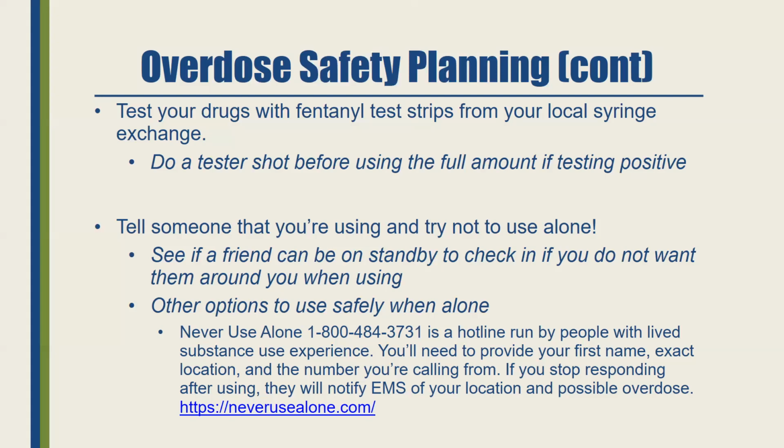Even if people are trained on using naloxone, if they don't have a friend there with them to use it on them, they're not going to be safe. So it's really important that folks talk about their use with their friends and family, and have that support system, people there to use naloxone on them if they need it.